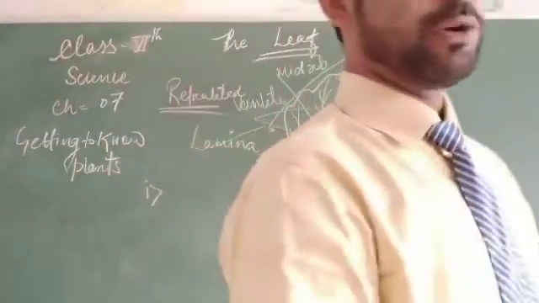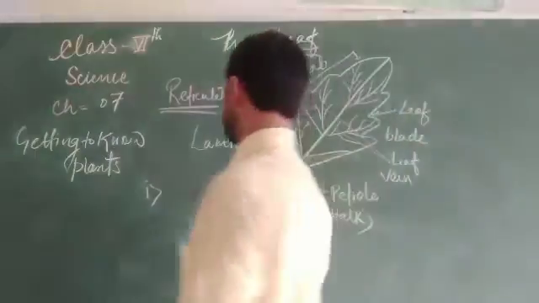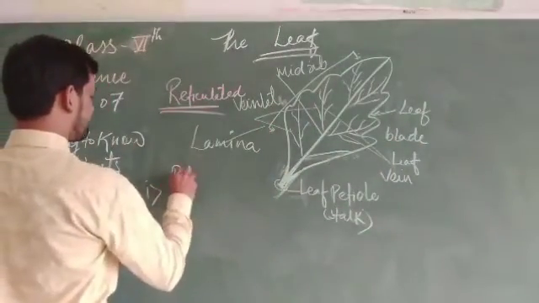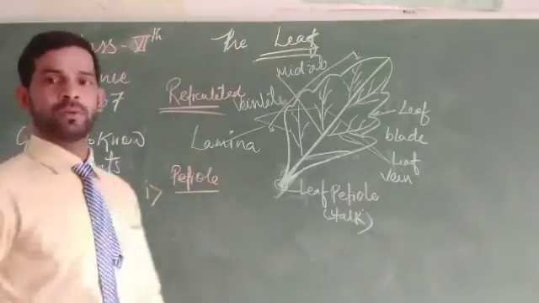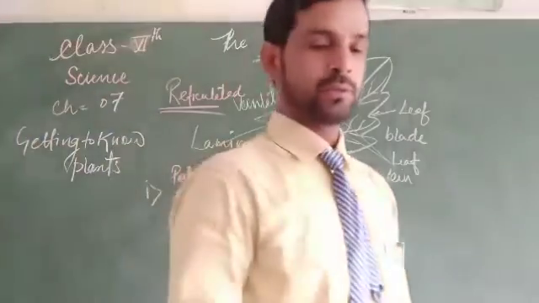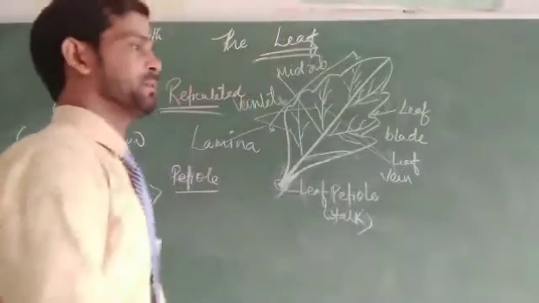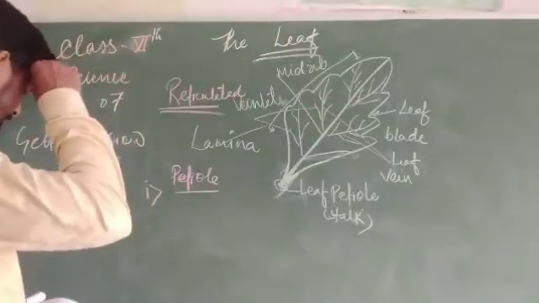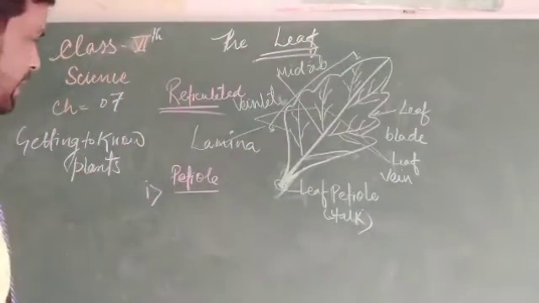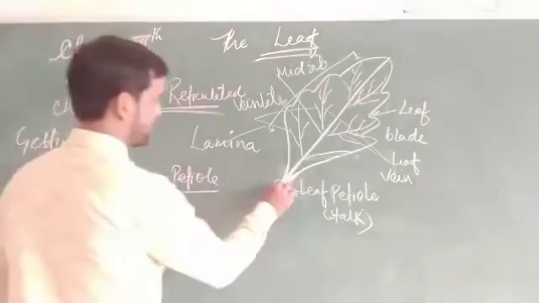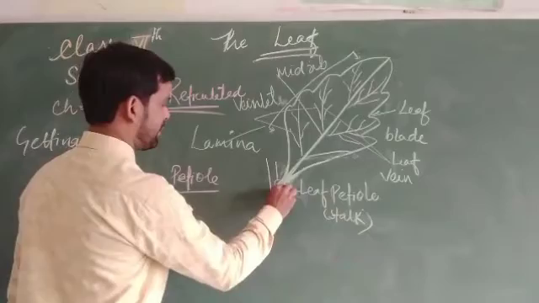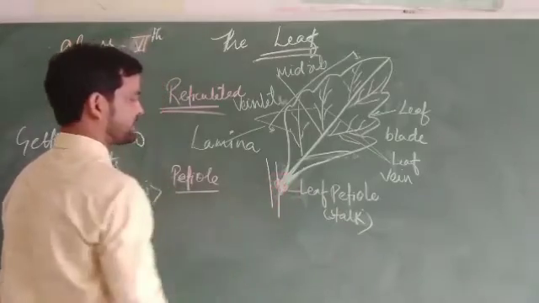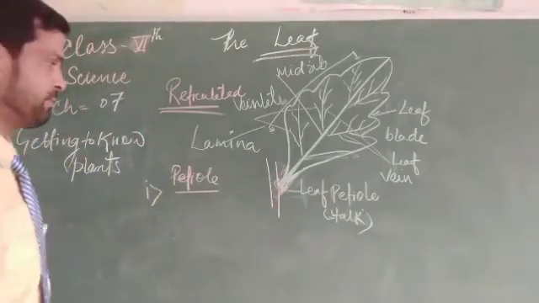First one is the petiole. What is the petiole? The petiole is the part on which the branches and leaves grow. A leaf is attached to the stem with the help of the petiole.